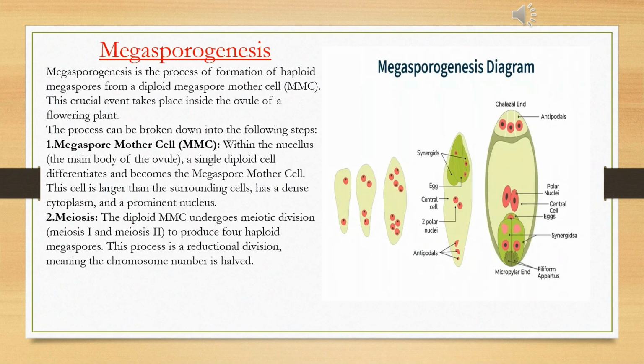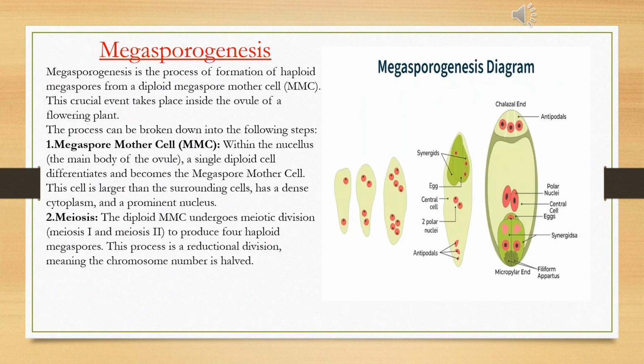Within the nucellus, the main body of an ovule, a single diploid cell differentiates and becomes the megaspore mother cell. This cell is larger than the surrounding cells, has a dense cytoplasm, and a prominent nucleus.